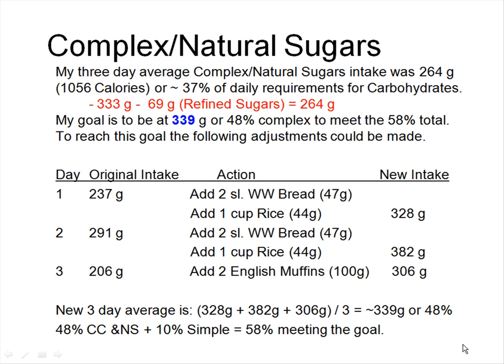Okay. Now one thing I should mention, and maybe I should have mentioned it before, is what you want to do when you're doing these adjustments. Once you get finished, for example, with the carbohydrates here, you're going to go into the lipids, and when you go into lipids, you're going to act like you did nothing.